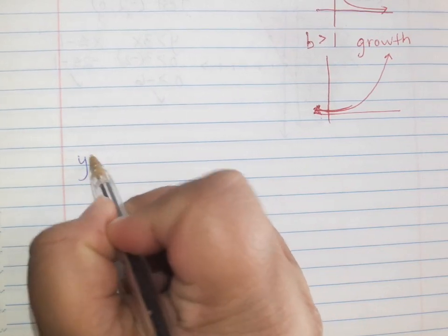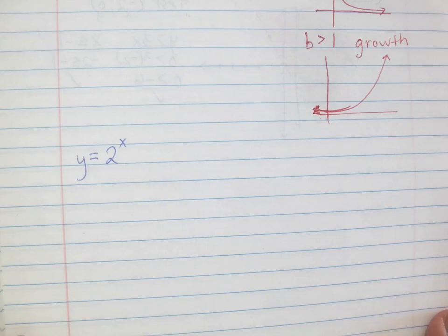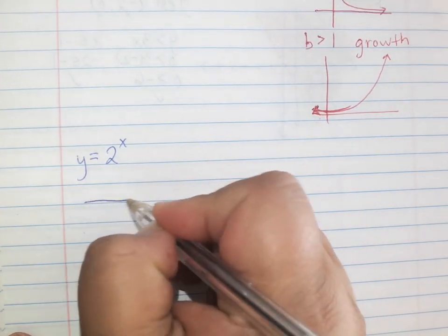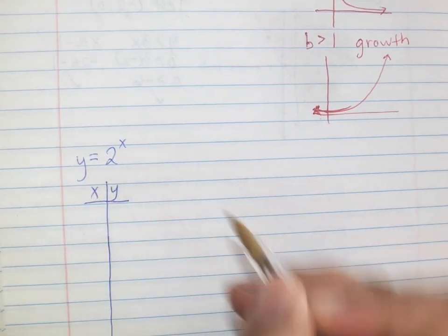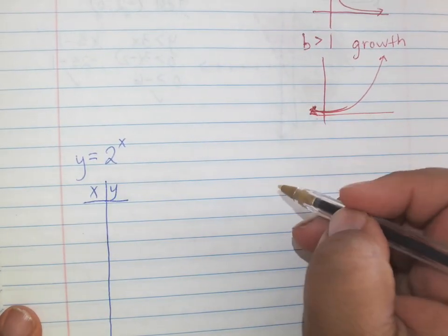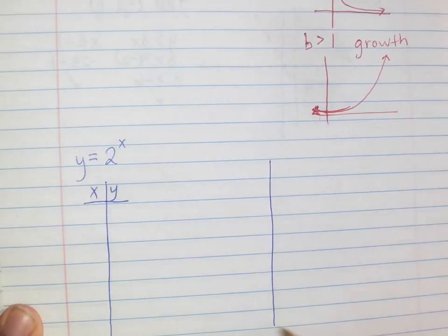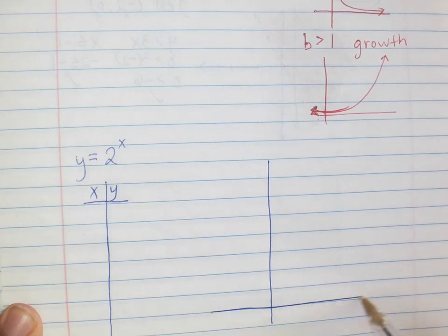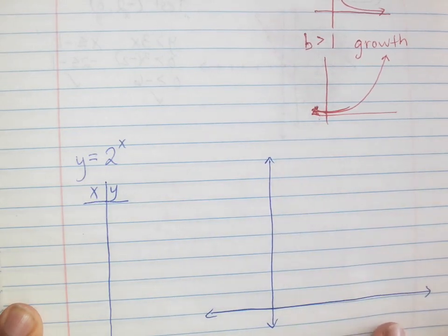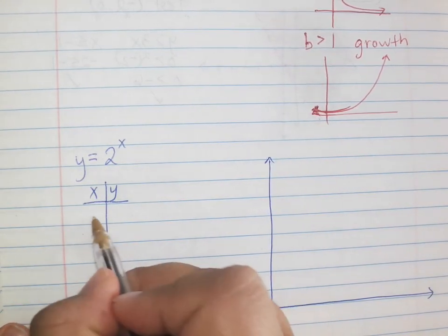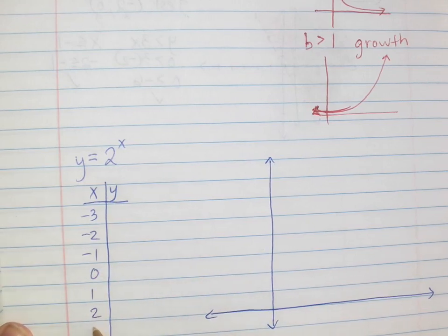We are going to be graphing y equals 2 to the x power. For this, we're going to use an x and y table, and we're going to have a graph right here. Let's do numbers like -3, -2, -1, 0, 2, 3.